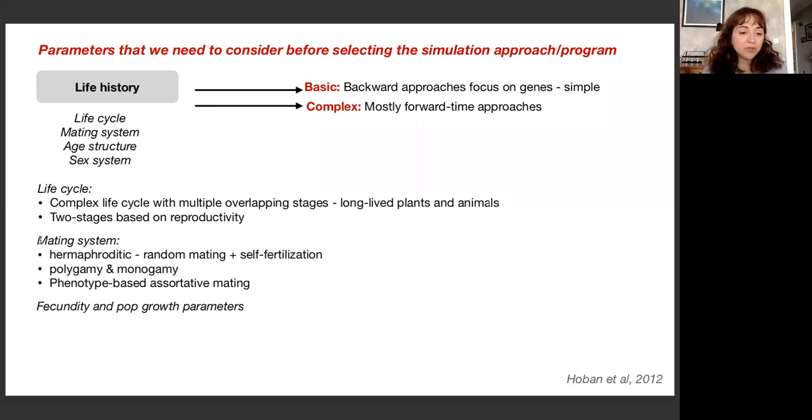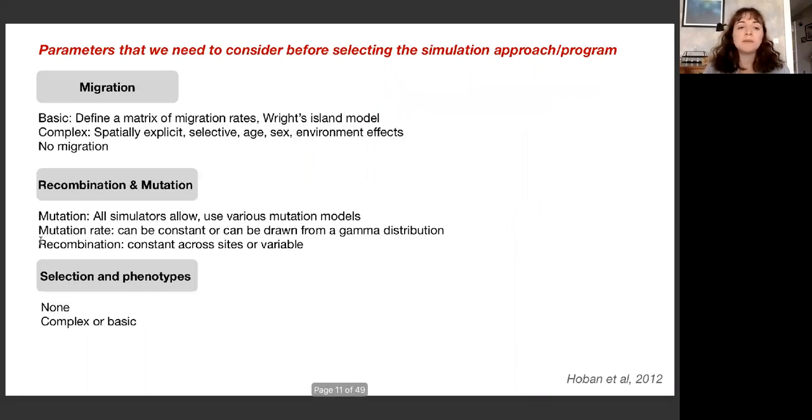You also need to consider the fecundity and population growth parameters while deciding this. So the basic idea here is that if you would like to simulate a complex life history, then go for the forward time simulators. SLiM is not necessary, but you can select another forward time simulator. But I will tell you what the advantages of SLiM are over the other simulators.